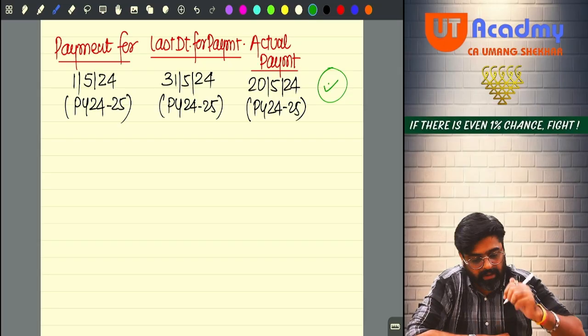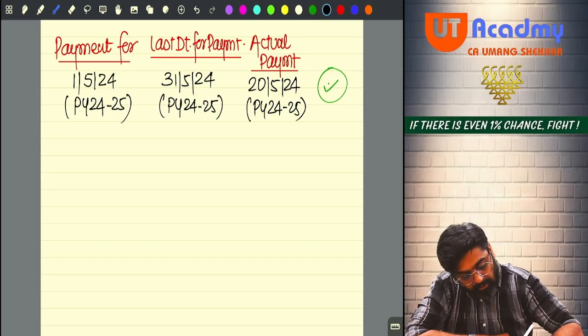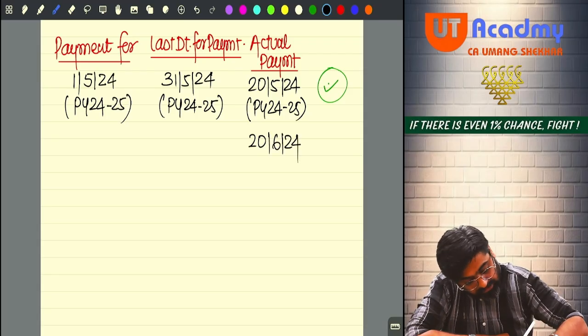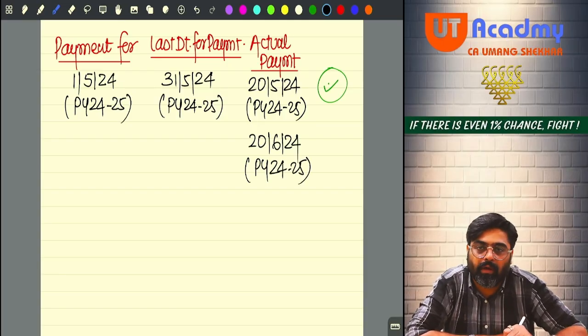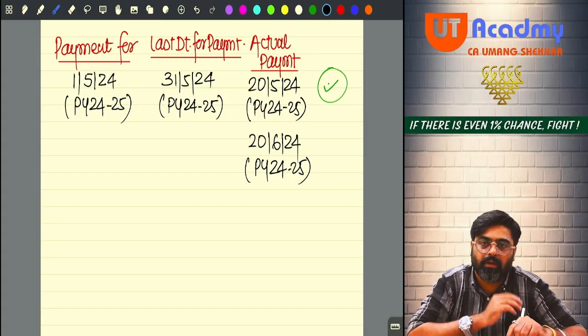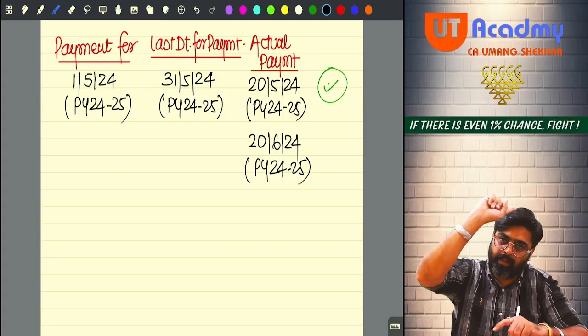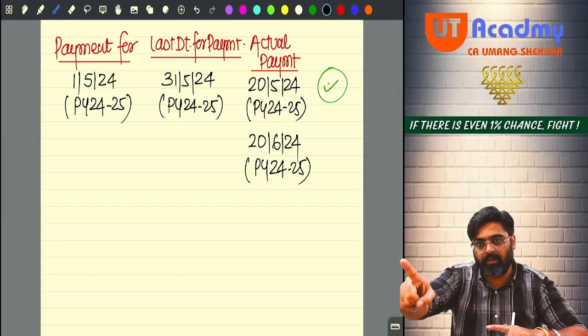In the second case, the payment is made on 20th of June 2024. But still the payment is made in 24-25, no? Now, will this payment be allowed in this year? After the time limit the payment is made. So 43B says disallowed.